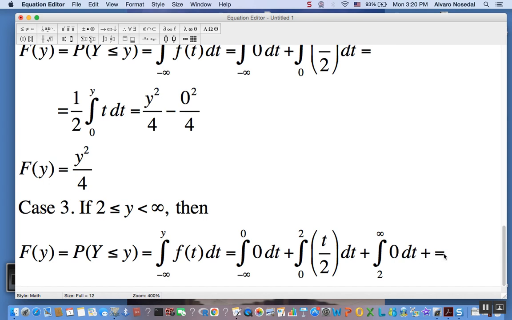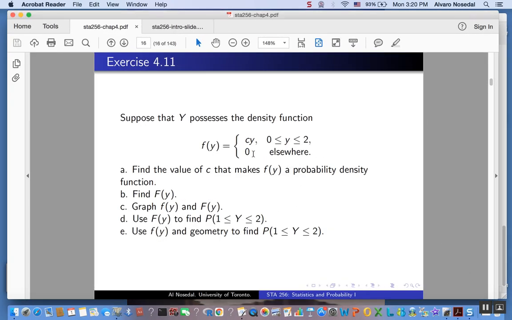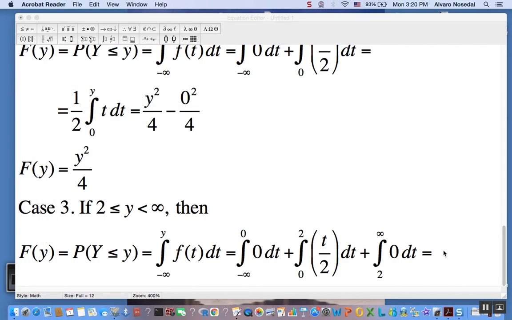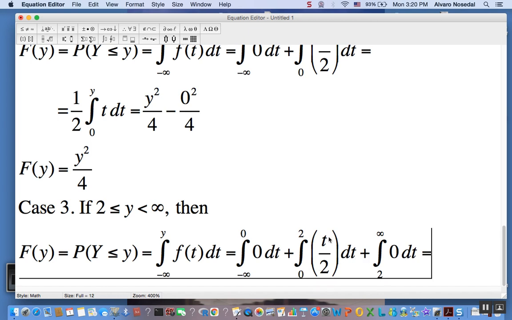But it turns out that the PDF evaluated in that interval is just 0. It's 0 outside the interval 0, 2, so the only one that matters is this guy.